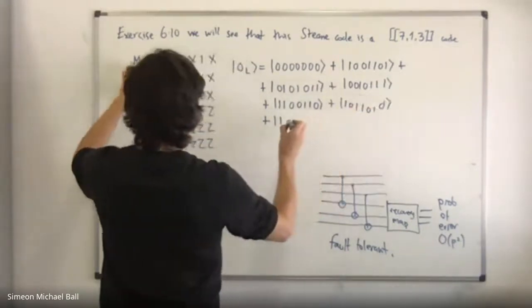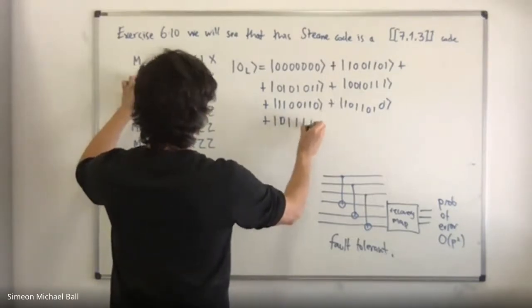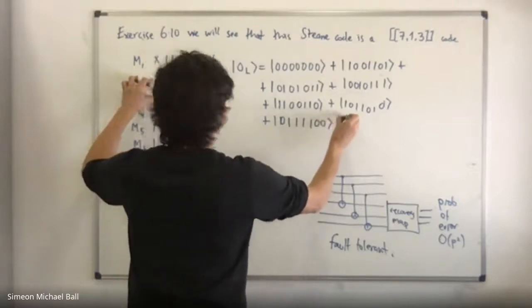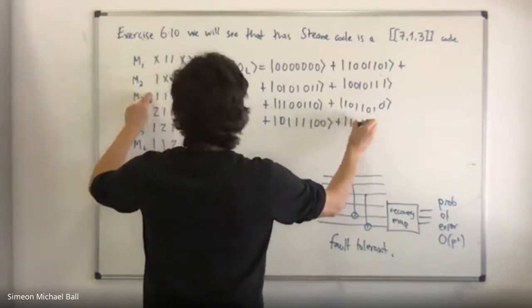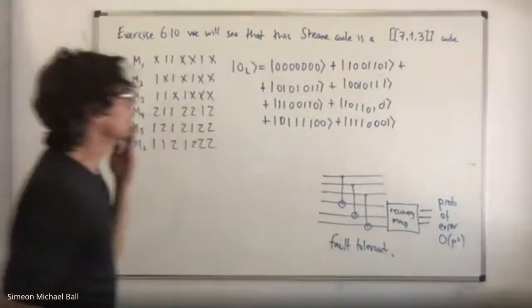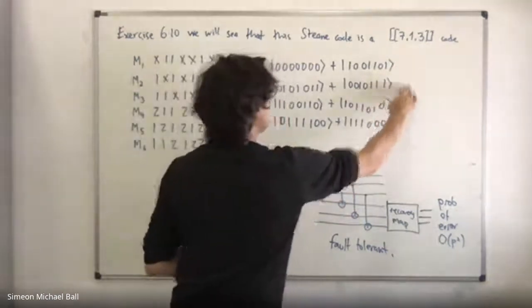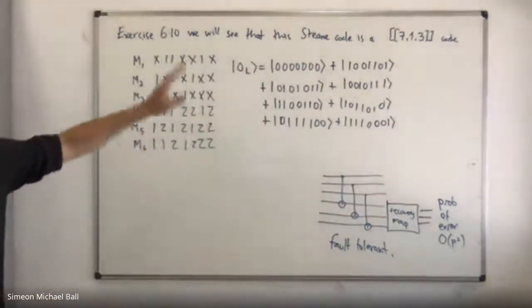This two. Okay. 0, 1, 1. Okay, so these are, and this is zero logical now.